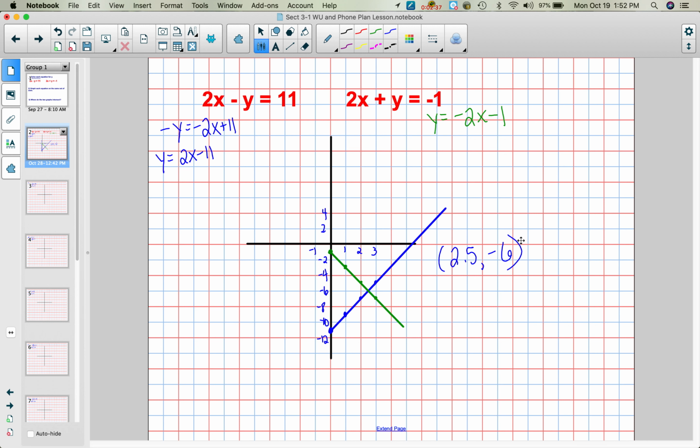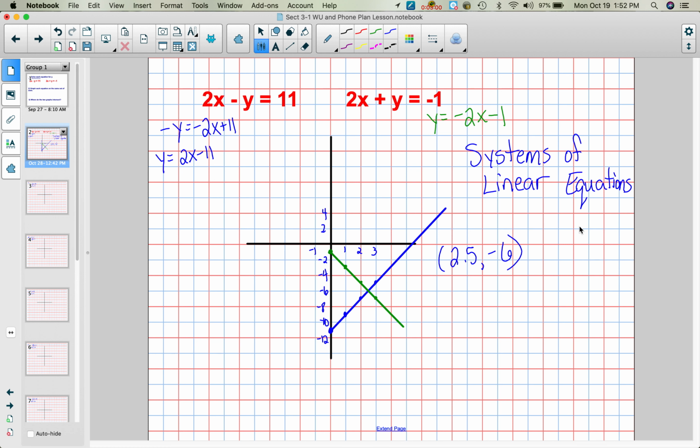And one of the things that we're going to be doing in chapter 3 is looking at something called systems of linear equations. And that's exactly what we're doing right here, we're looking at a system of 2 linear equations. Sometimes you can have more, 3 equations or 4 equations.